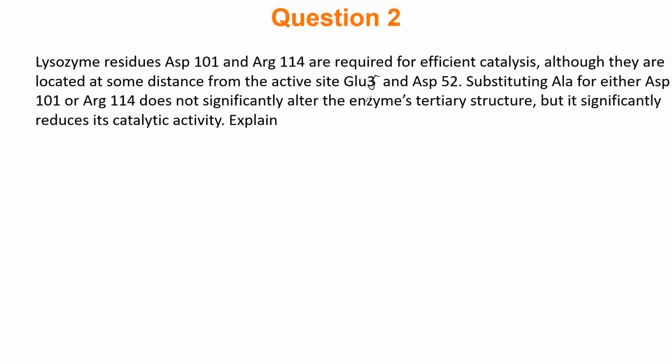However, if you mutate Asp 101 and Arg 114 to alanine, the overall shape of lysozyme doesn't change. Lysozyme still looks like lysozyme. However, doing this will slow down lysozyme by a lot.